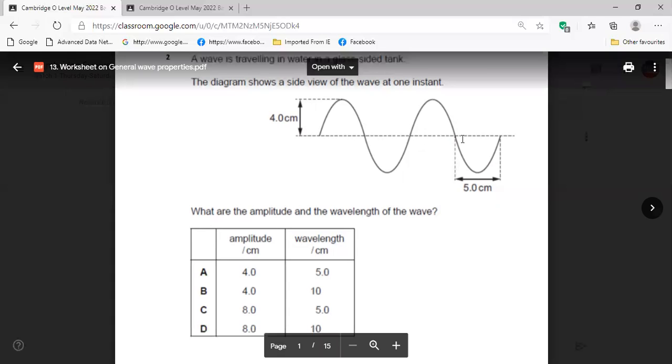No, I'm not saying A is the answer. I said that only A is left for me, because after choosing all the others, only one is left. I took 4.0 as the amplitude, and 5.0 as the half wavelength. So what is the definition of wavelength?